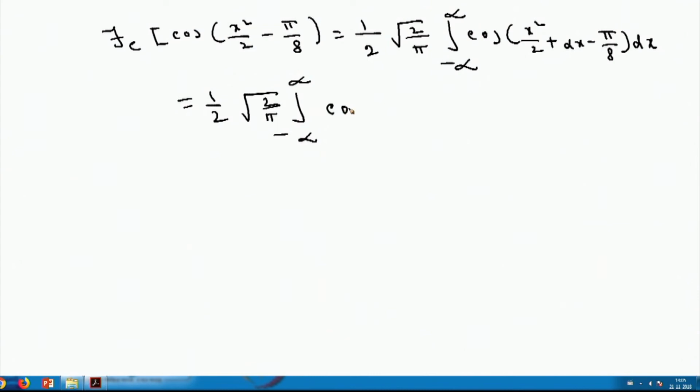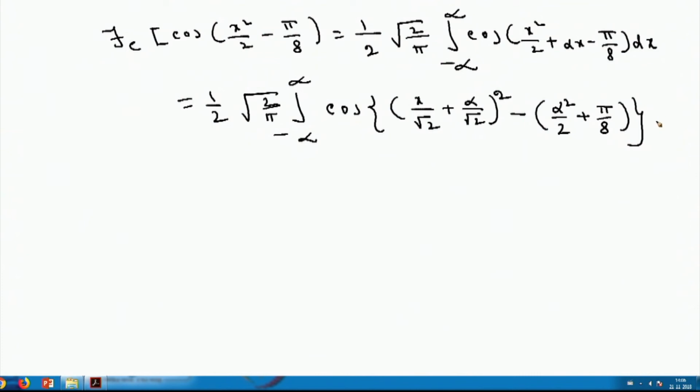This I can write in whole square form, that is cos of x by root 2 plus alpha by root 2 whole square. Once I am writing this, I have to adjust it. After adjustment, cos of this will become minus alpha square by 2, this whole square term will not be there, and the pi by 8 term is not here. So, this will be plus pi by 8 into dx.